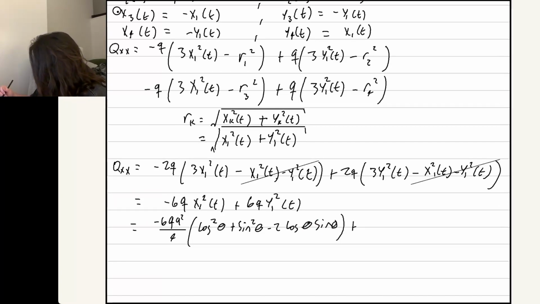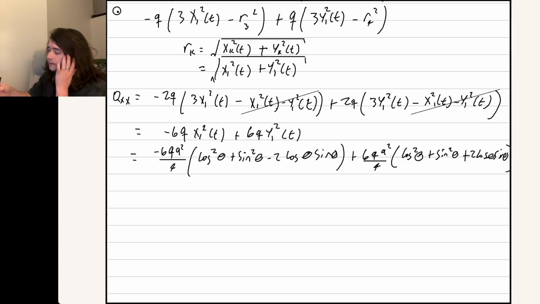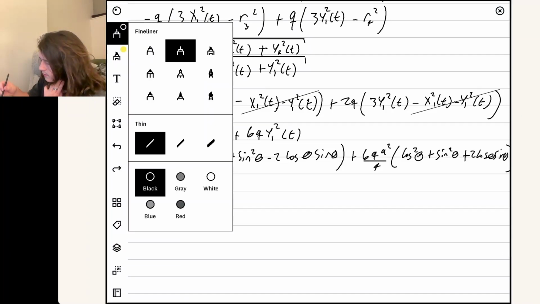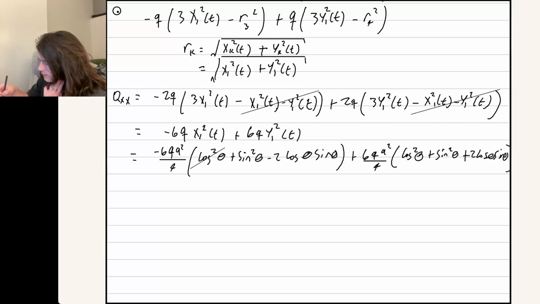You're going to have plus 6qa squared over 4 cosine squared theta plus sine squared theta plus 2 cosine theta sine theta. It's the squared terms which go away. So this stuff will cancel out here because of symmetry.